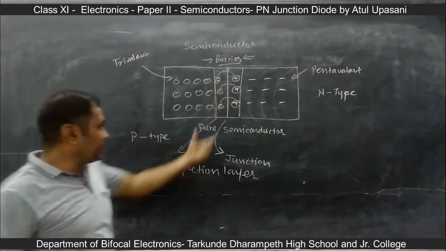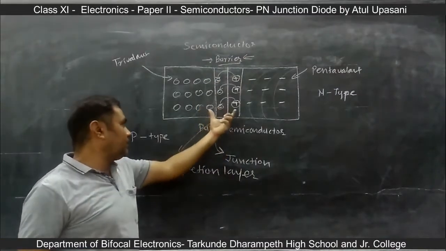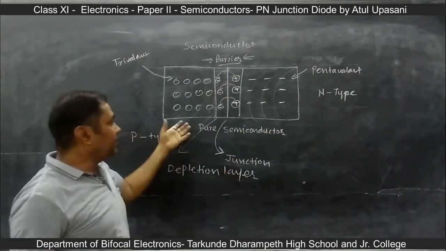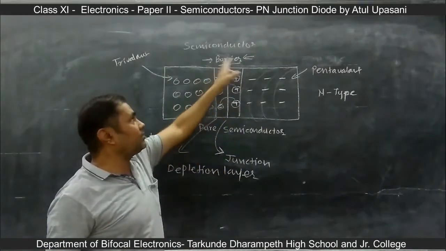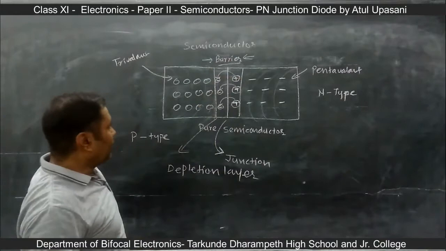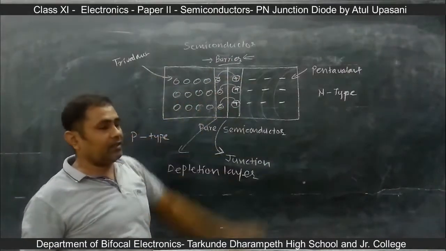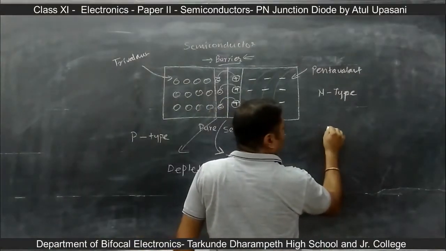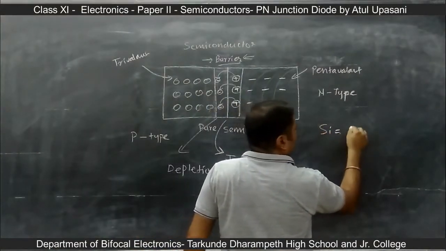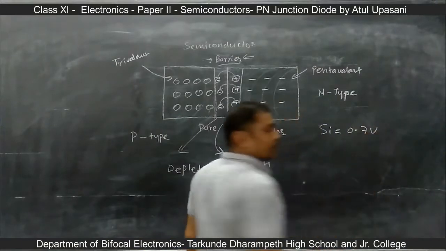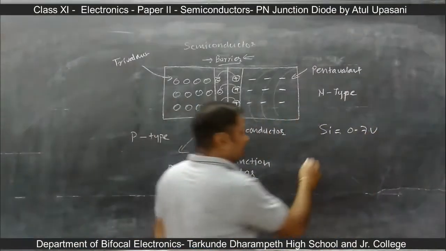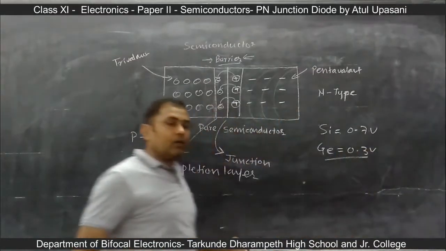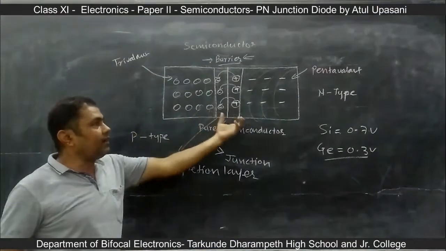In this way there is a junction formation, and that junction with positive and negative ions is called the depletion layer, and this depletion layer has a potential, which is why it is called the potential barrier. Now, if the material used here is silicon, then this barrier will be 0.7 volt, and if it is germanium, then it will be 0.3 volt, right? So this is how this device is formed.